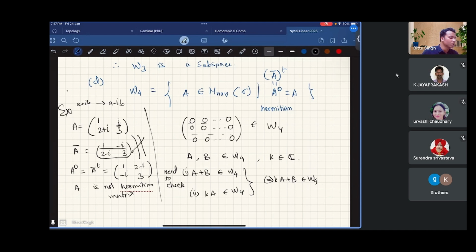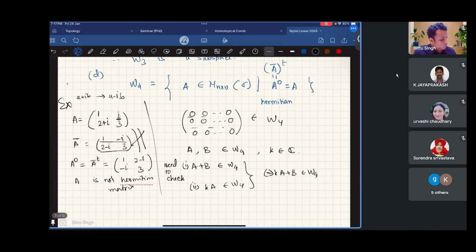So if A and B belong to W4, meaning A naught equal to A and B naught equal to B, then you can easily verify that (A plus B) naught should be same as A naught plus B naught.